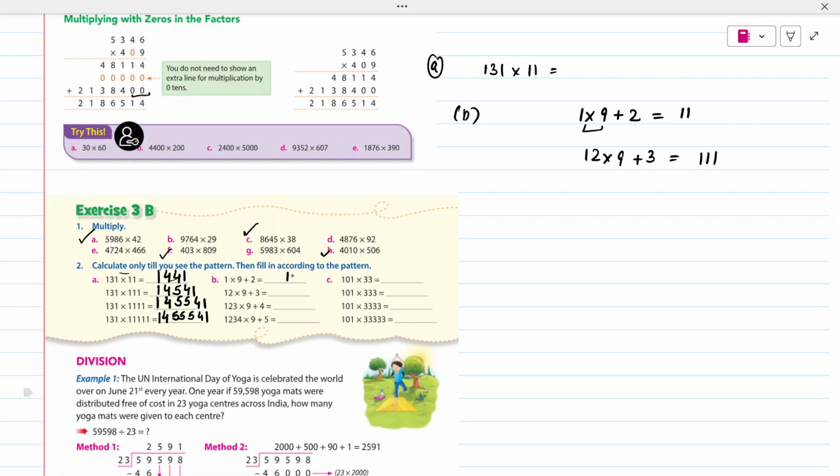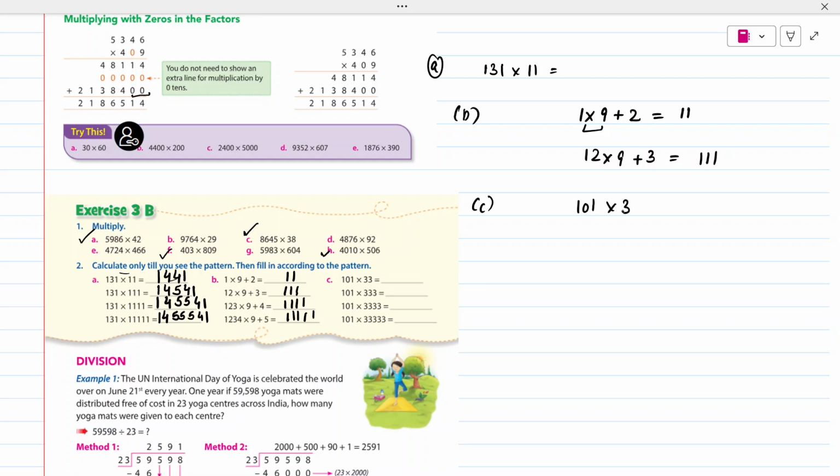So this will be something like 1 1 1 1 1, 4 times 1, and then 5 times 1. Okay, so if 2 is there, 2 times 1, 3 times 1, this is the pattern which we have got here. Simple.